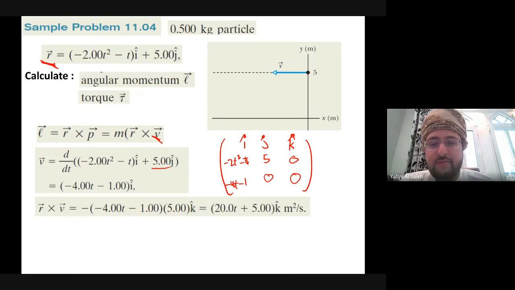So I will have minus 4t minus 1 times 5 minus 2t squared minus t times 0, and i cross j is k. We end up with 20t plus 5 in the k direction, meters squared per second.